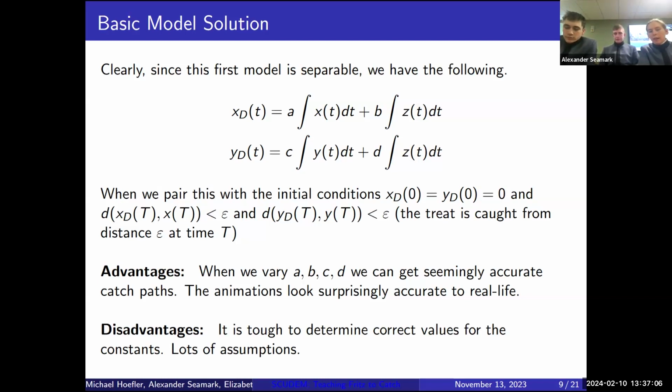A really big disadvantage to this model is that it's very basic and it relies on these A, B, C, D constants. If we plug in accurate numbers for these constants, then we can get a model that really accurately represents the dog catching a treat in projectile motion. But the trouble is we can't really get those constants very easily, especially A, from that video that we saw.